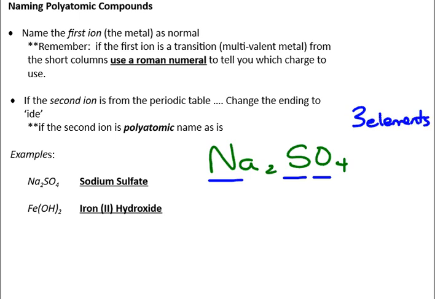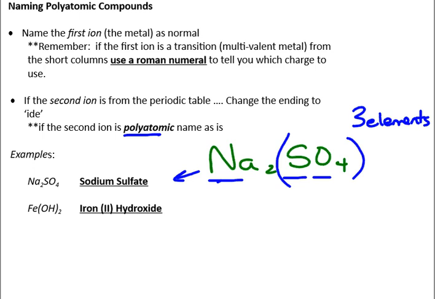When I have more than 2 different elements, I must have a polyatomic ion. My metal is named like any metal. Na is just sodium. The rest of this then must be a polyatomic ion, whether or not brackets have been included. Because SO4 is called sulfate, the name for this compound is sodium sulfate.